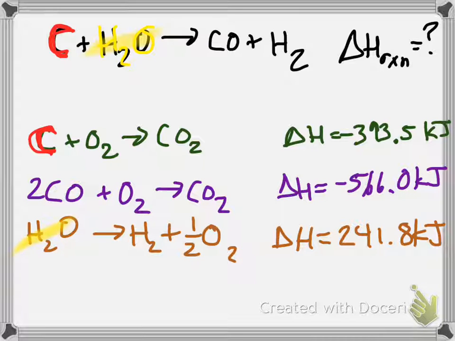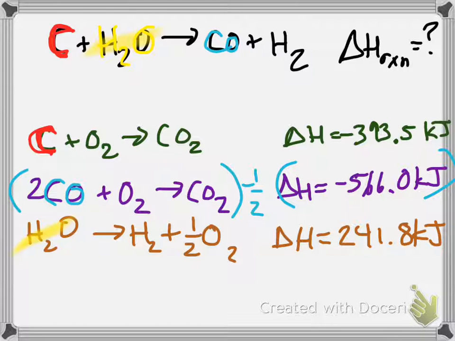Our next thing is carbon monoxide. So we have CO and we need 1 mole of it on our product side. Here we have CO, but we have 2 moles of it and it's on our reactant side. So again, just like we previously did, we need to multiply this by a negative 1/2. We are flipping the reaction by doing a negative because now instead of releasing 566 kilojoules of energy, we need to gain 566 kilojoules of energy.